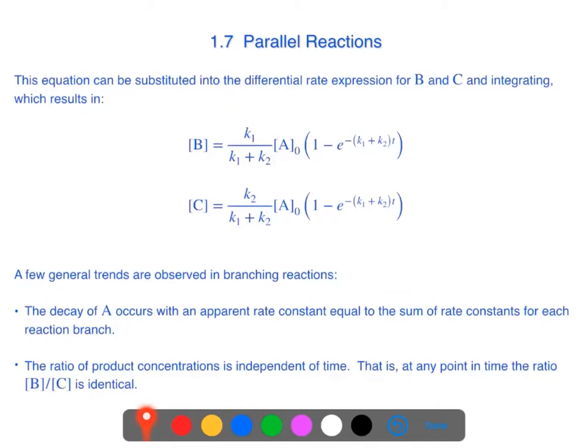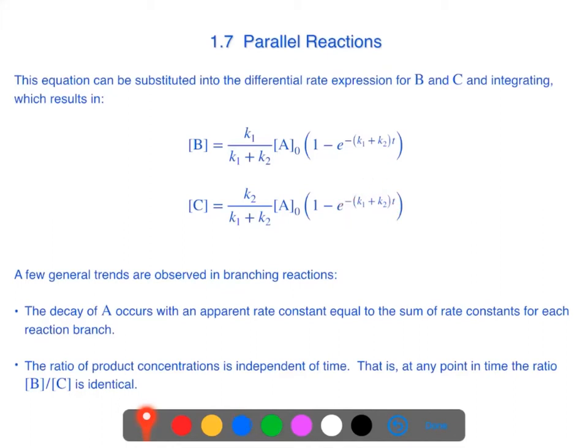So you can see that there are a couple general trends that are observed for these parallel reactions or these branching reactions. The first is that the decay of A occurs with an apparent rate constant equal to the sum of the rate constants. So we see in both instances that the decay of A to either B or C is dependent upon the sum of rate constants K1 and K2.